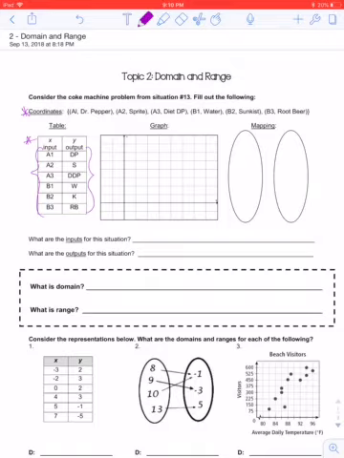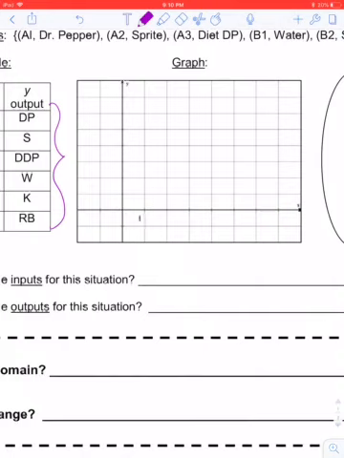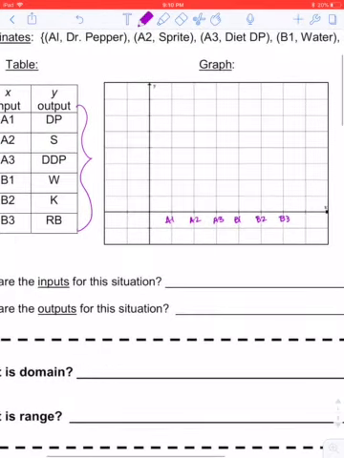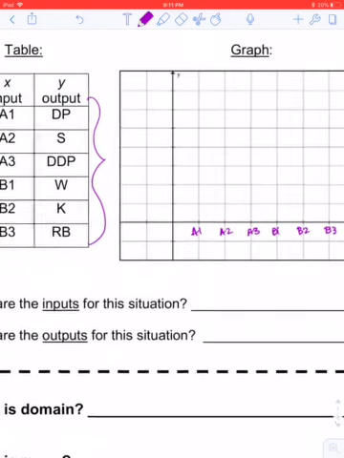So if I went to graph these, it's obviously not just strictly numerical data, so I'm just going to make up the scale on the X and Y axis. I'm writing A1, A2, A3, B1, B2, B3 on the X-axis because those are my inputs, my X's. Then my outputs are going to go on the Y-axis.